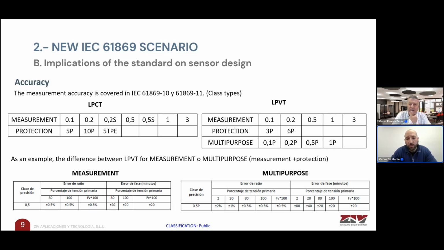In the case of multipurpose, we have to comply with a wider range, from 2% of the primary voltage to 100% multiplied by the voltage factor. So it is more difficult to design a sensor for multipurpose than for measurement.